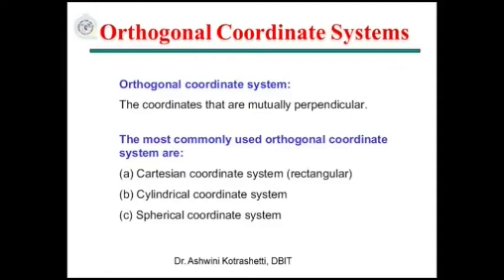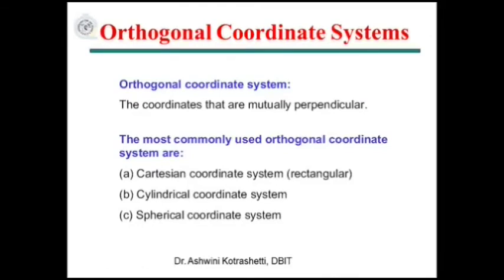Now, in study of vector quantities, we use all these three types of coordinate systems. So one may ask, how do I choose a coordinate system? How do I know which coordinate system to apply while I solve a problem?